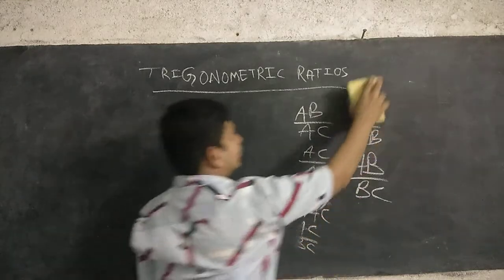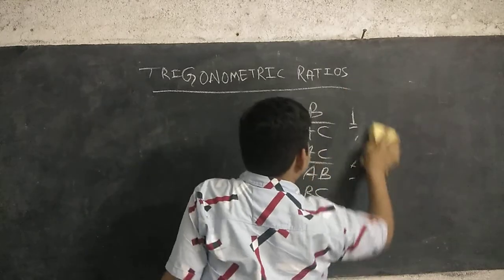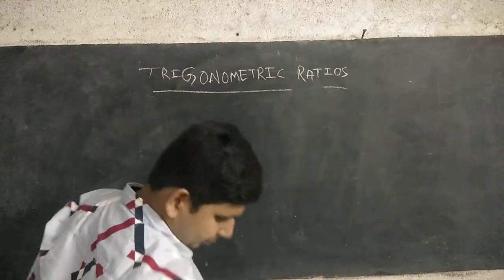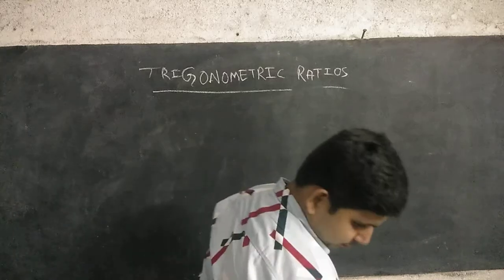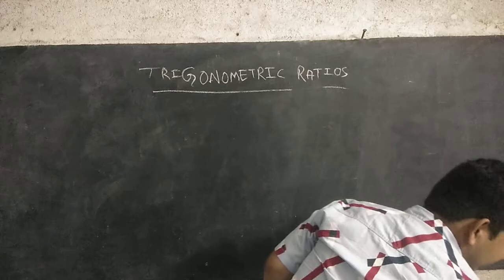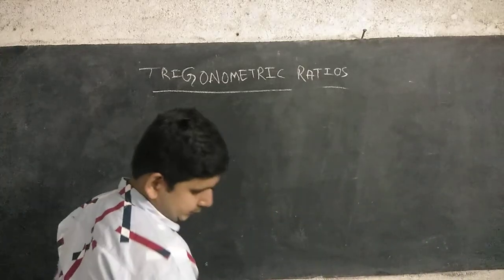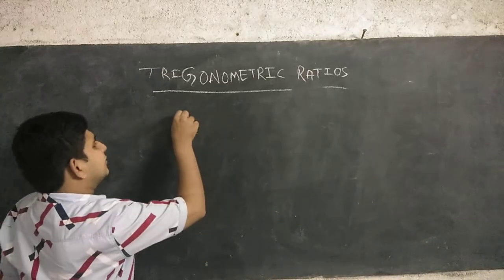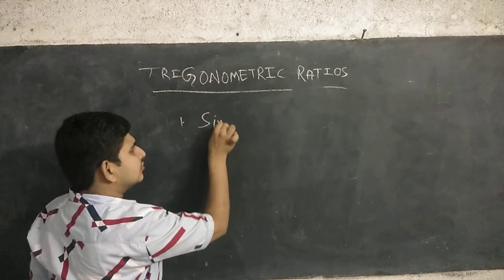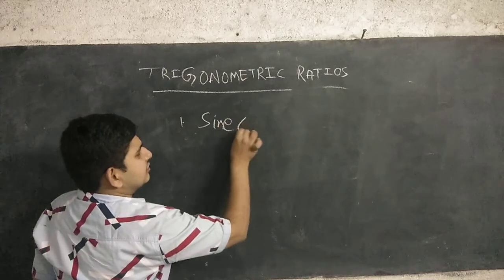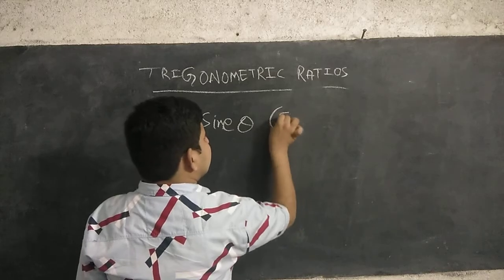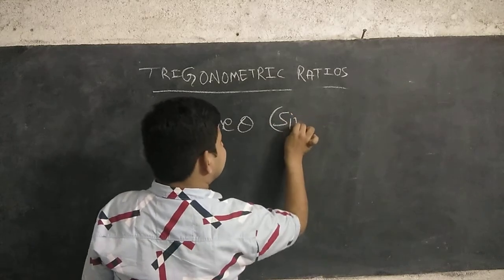Now the 6 different trigonometric ratios are, write down. First one, sine theta, which is written in short as sin theta.